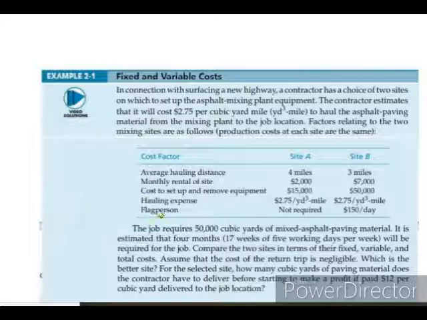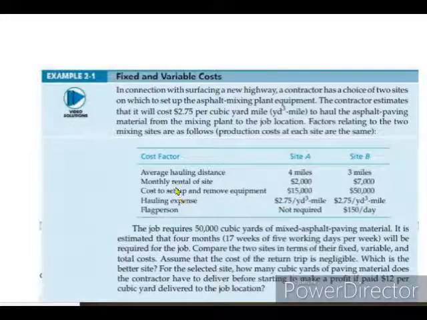Okay, so the contractor estimates that it will cost $2.75 per cubic yard mile to haul the asphalt paving material from the mixing plant to the job location. Factors relating to the two mixing sites are as follows. Production costs of each site are the same. So the fixed cost here is the production cost, while these other ones are the variable costs.